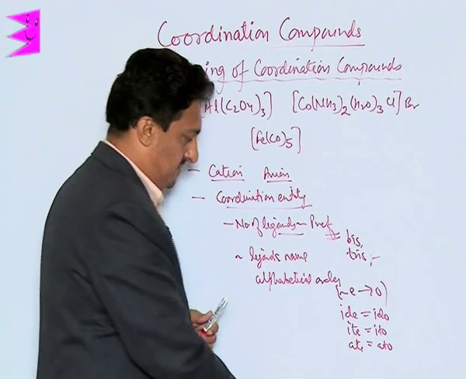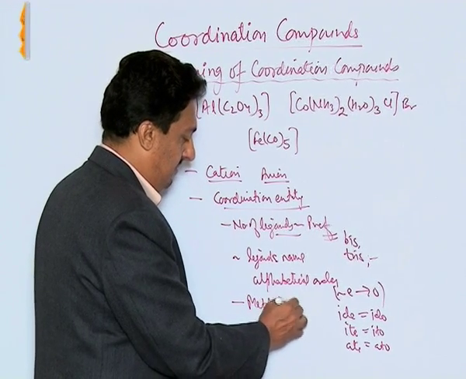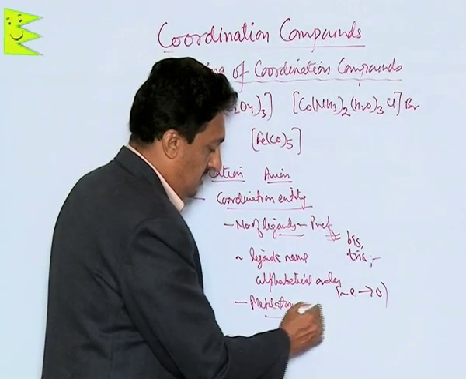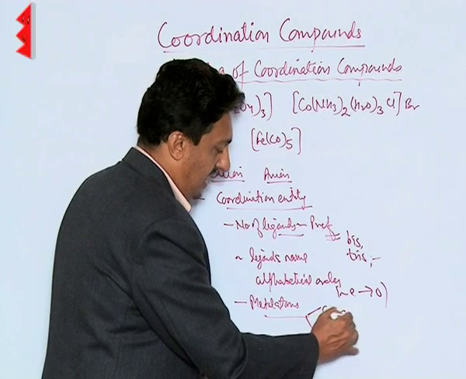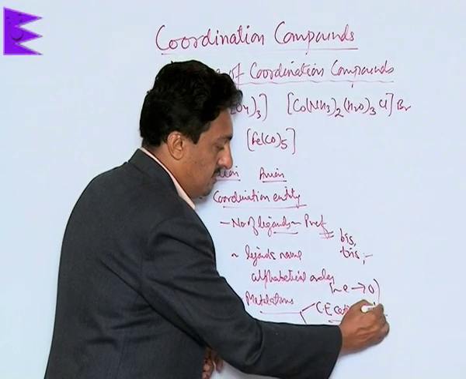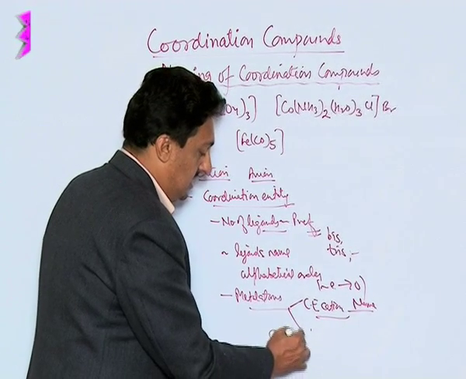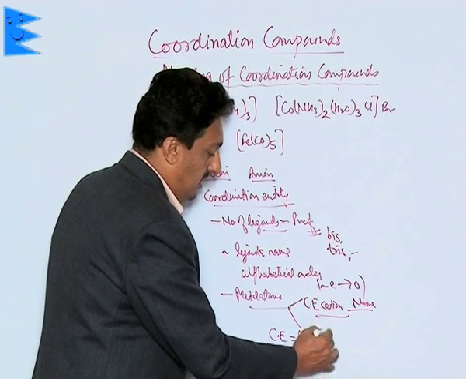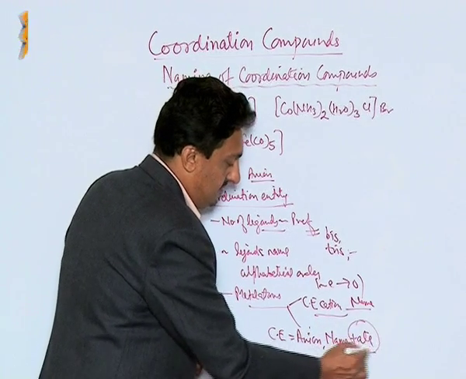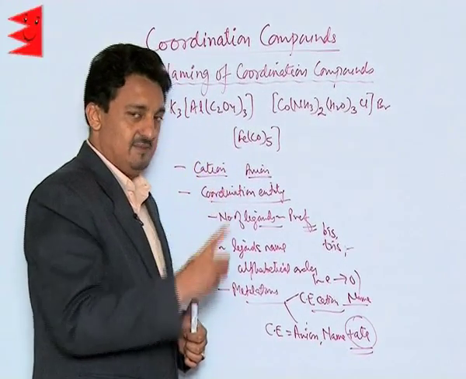Then after we write the ligands, we write down the metal atom's name, and here there is a difference. If the coordination entity is a cation, we write the simple name. And if the coordination entity is an anion, we write down the name of the metal atom, and then we put ate as a suffix to indicate that its coordination entity is an anion.